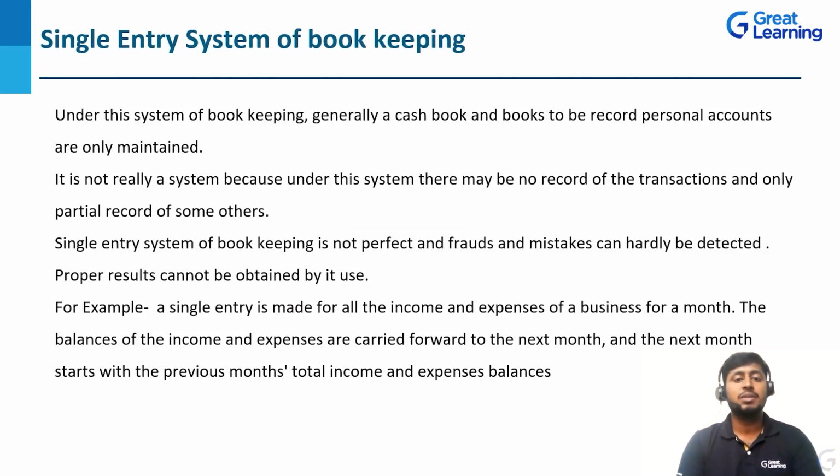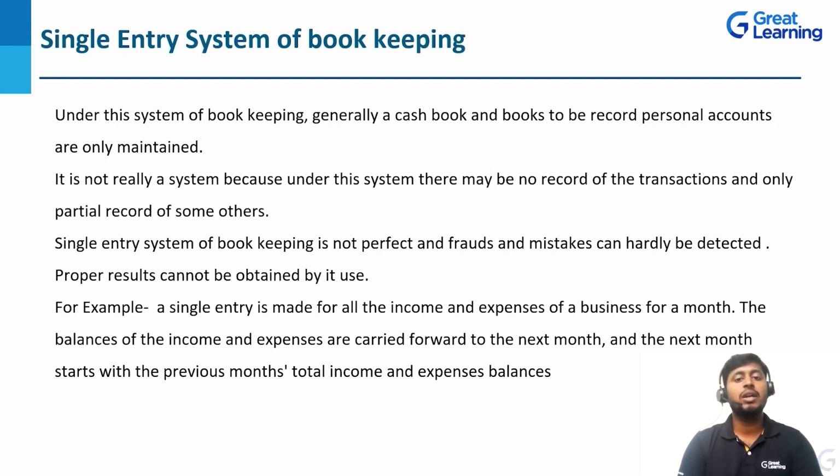In the single entry system, the word itself tells you it is a single entry. There should be no two entries or two side effects, that is, debit and credit is not there. Only a single entry they are going to make. Usually the petty kirana shops maintain this single entry system of bookkeeping, because the volume of transactions is very low, correct?